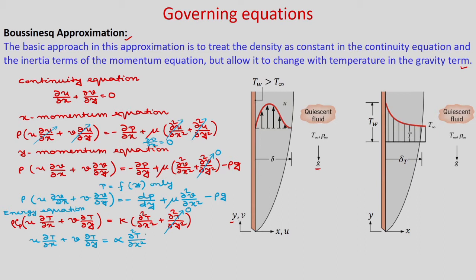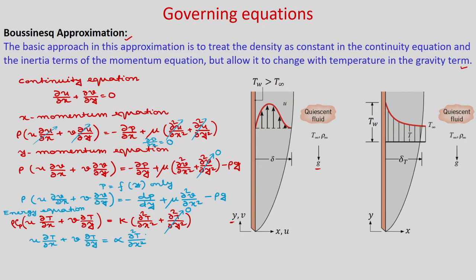Now, you see the y momentum equation. In the y momentum equation, on the left hand side we have density rho. So, invoking the Boussinesq approximation, we will take rho as constant and it will be the same as rho infinity. In the free stream we have rho infinity, which is actually the quiescent medium.